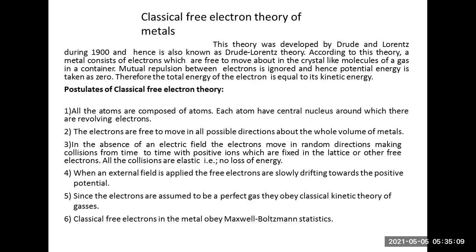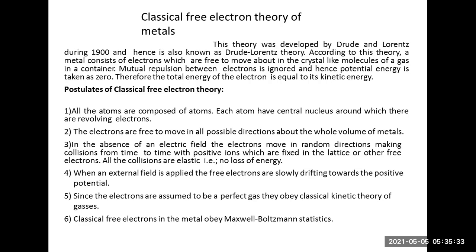The solids are composed of closely packed atoms. You already know solid is nothing but atoms arranged very close to each other. The atom possesses a nucleus at the center, and the electrons revolve around the nucleus.